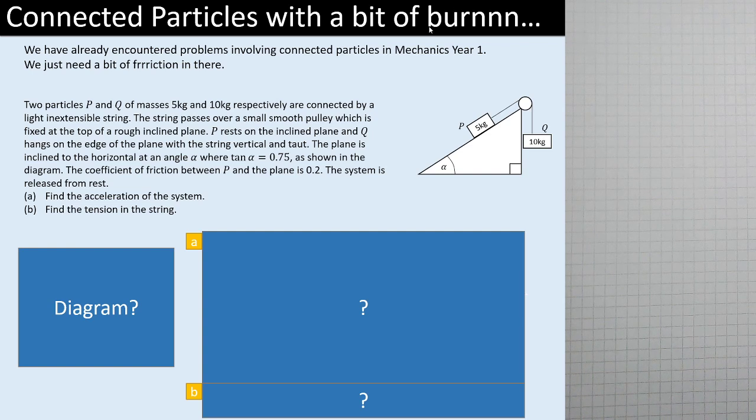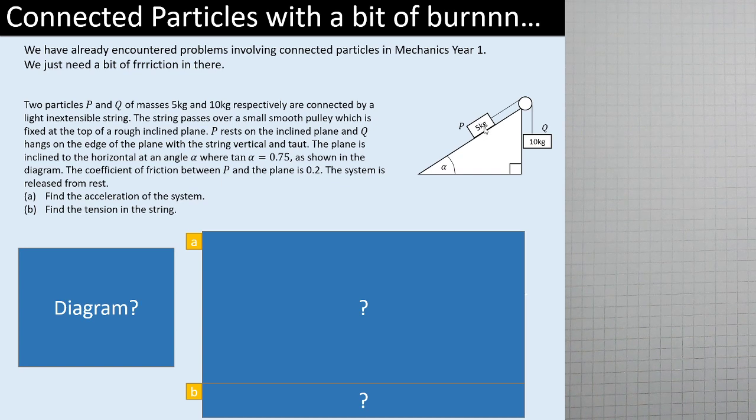Okay, so what we're going to hopefully assume from this is that Q, when we let go, is going to head towards the floor, and P is going to rise up the slope to meet the pulley. Okay? That's what we're going to assume. So we need to think about the forces that are involved. Okay? The weight of each particle is going to head vertically down.